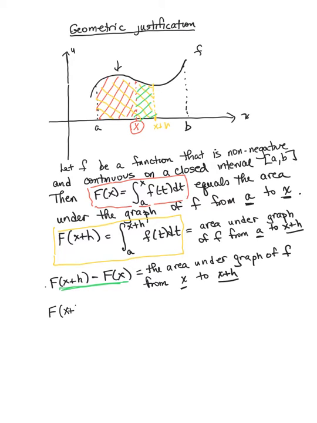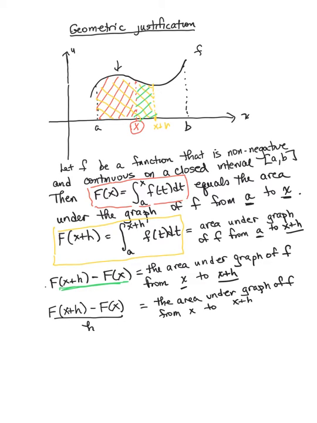When we divide it by h, because we want to get to the derivative, this is just the area under the graph of f from x to x plus h, all divided by h. Okay, now let's see what we can do with that.